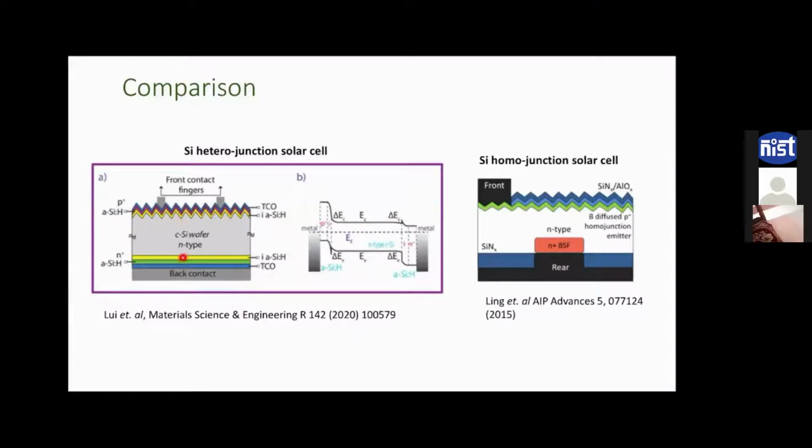Here, this is the crystalline silicon wafer that works as an absorber layer. And this a-Si:H is called amorphous silicon, which is making a heterojunction on both sides of your crystalline silicon wafer. What is this amorphous silicon? This a-Si:H is the amorphous form of silicon, and we will talk in detail about this in my next session.